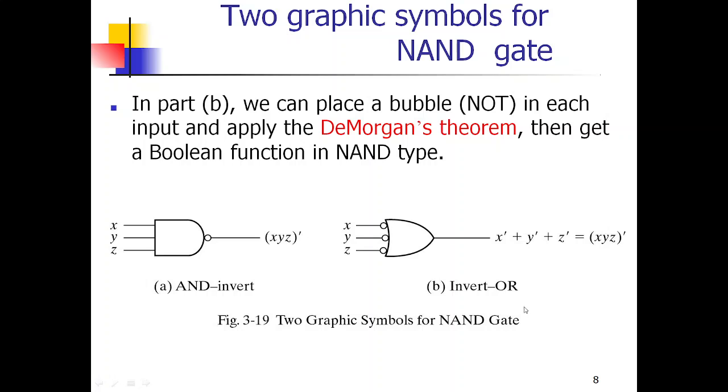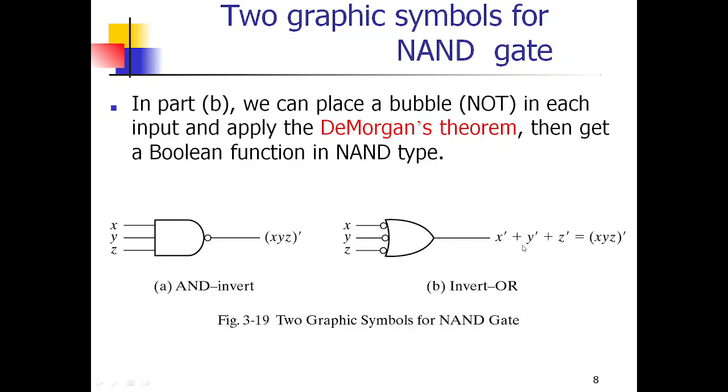Whereas for invert OR, how does this invert OR become a NAND gate? See here, invert OR means we put a bubble followed by an OR gate. This is AND invert. AND invert is an AND gate followed by a bubble, that is an inverter. For invert OR gates, the bubbles are followed by the OR gate. So here the 3 inputs x, y, z.